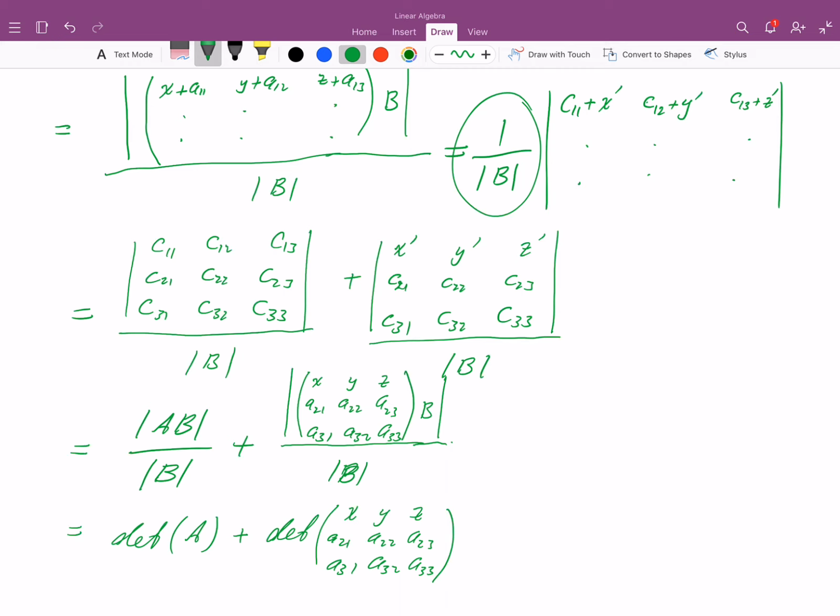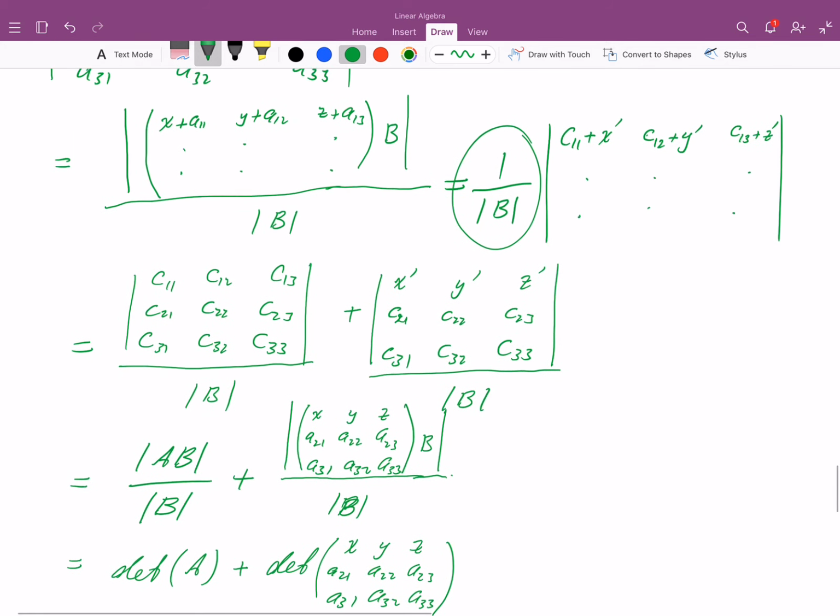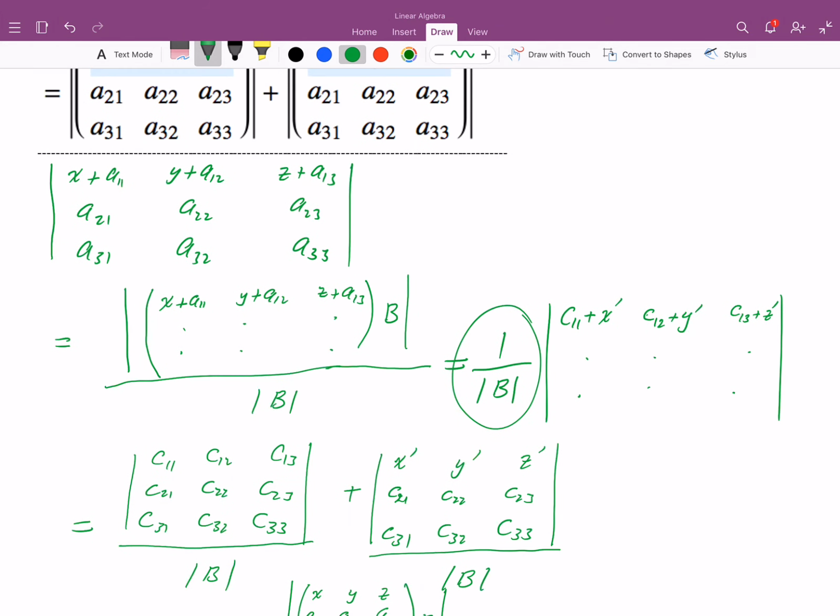And this is very nice because now we've shown that the determinant of the matrix X plus A11, Y plus A12, Z plus A13 basically follows linearity.